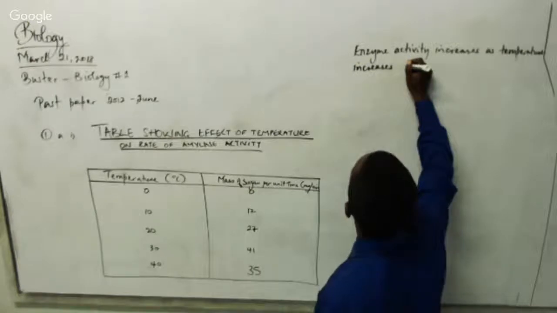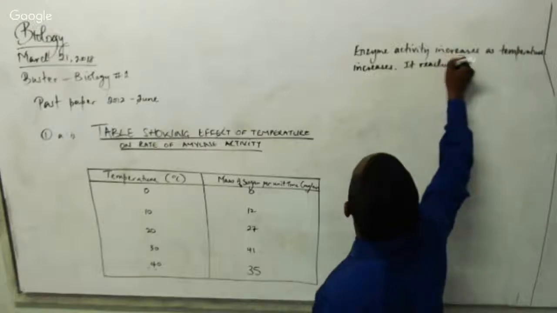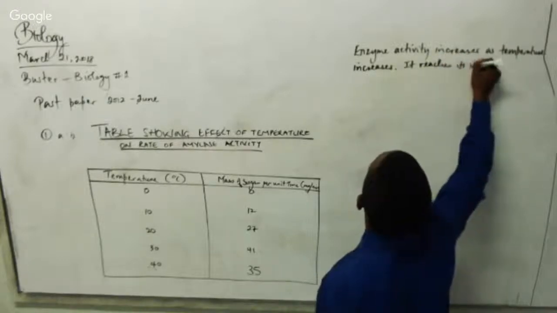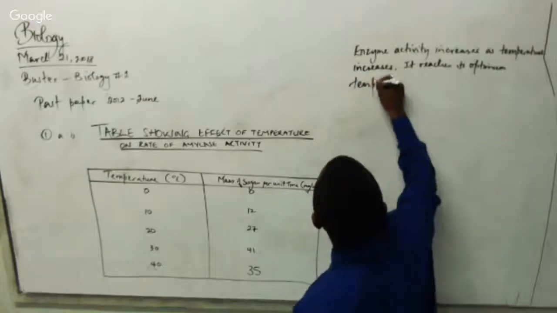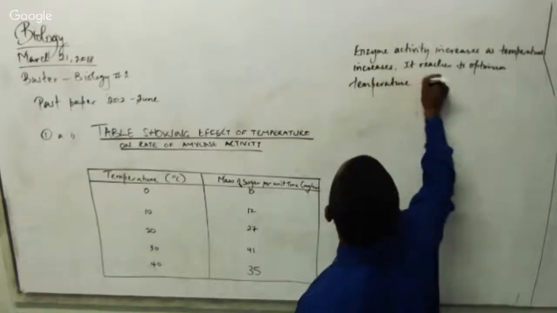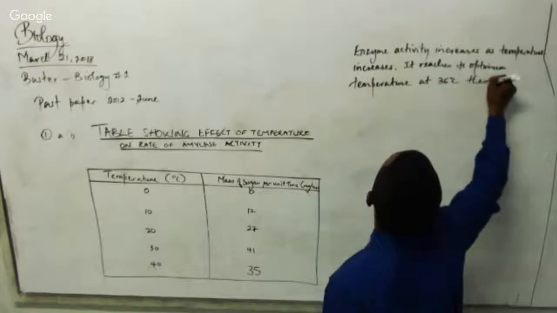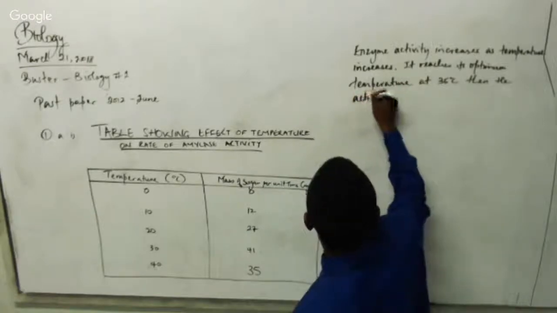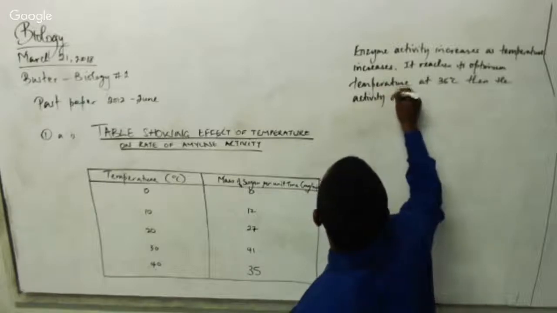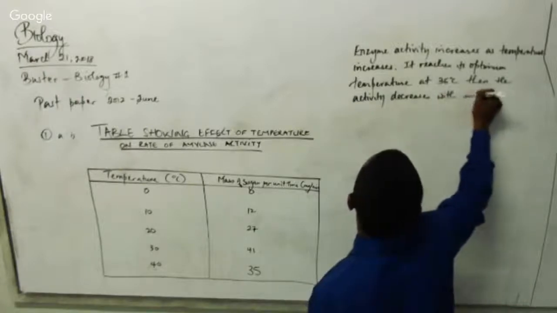It is completely increasing. It reaches its optimum temperature at 35 degrees Celsius, then the activity decreases with increased temperature.